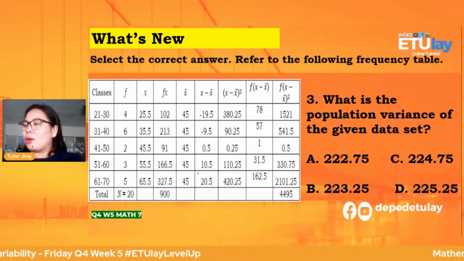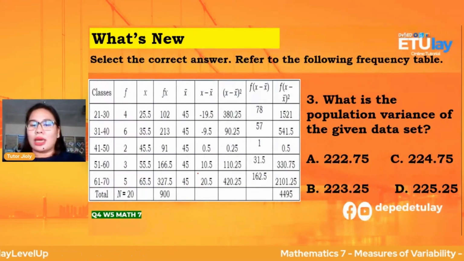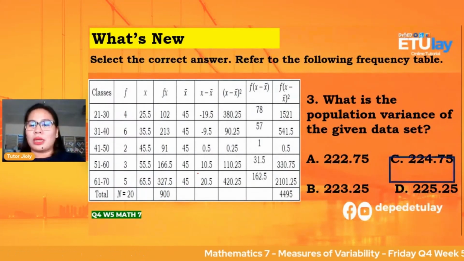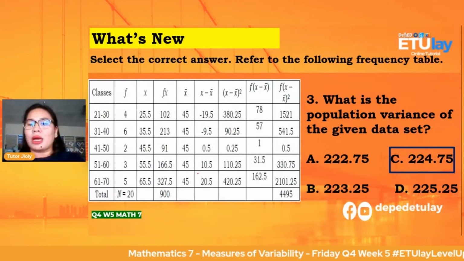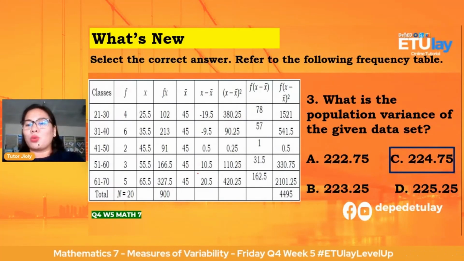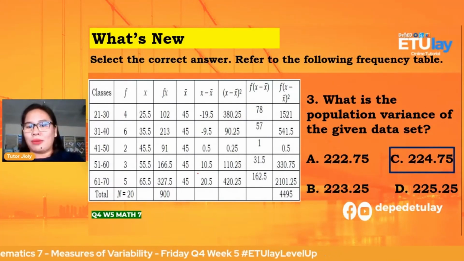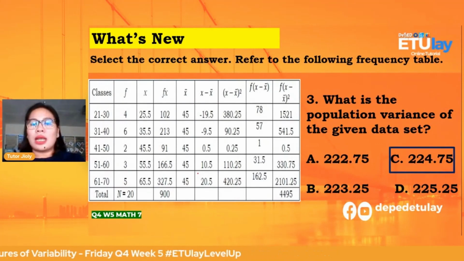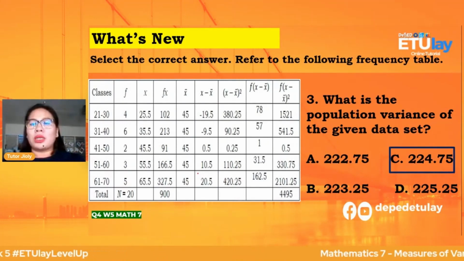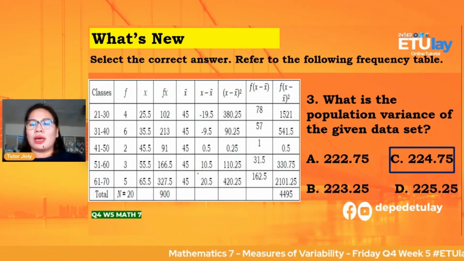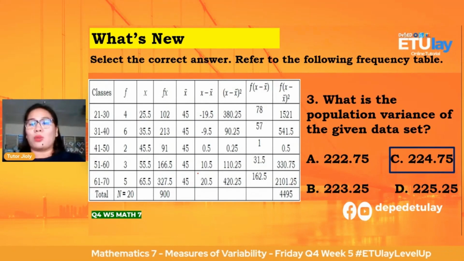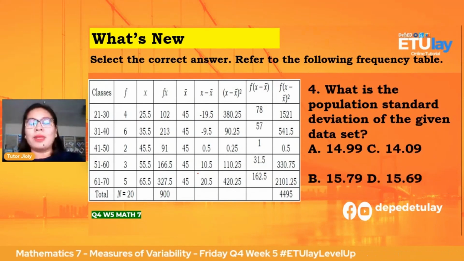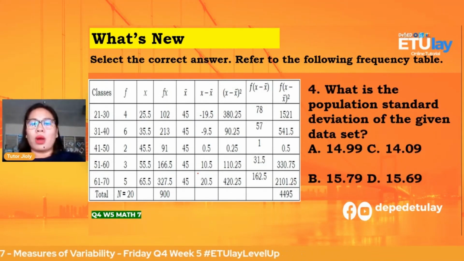The answer is letter C, 224.75. We will see later why the population variance of the given data set is 224.75.